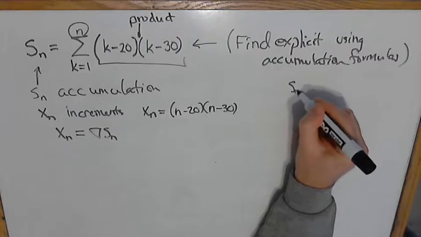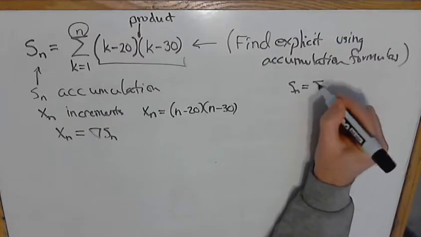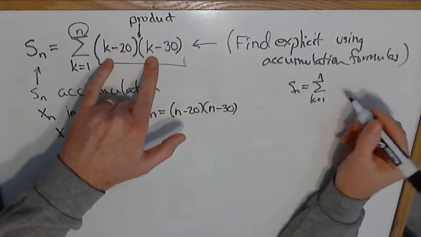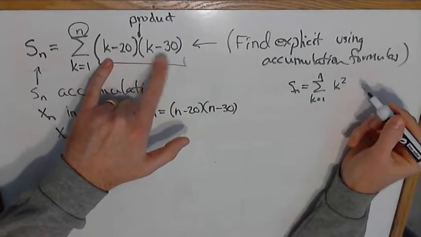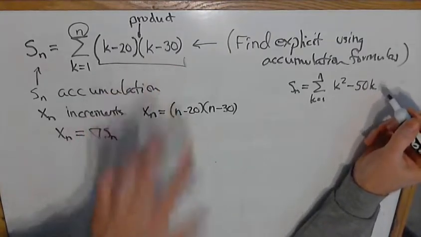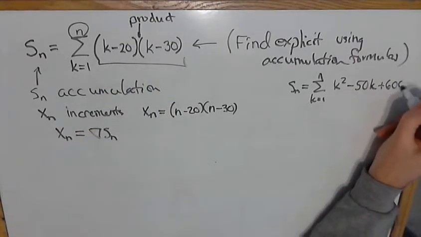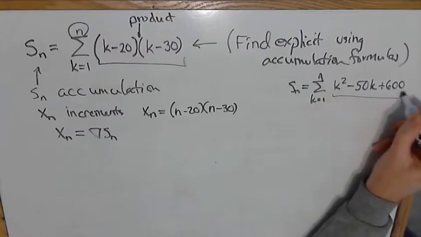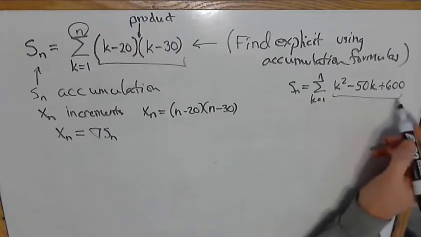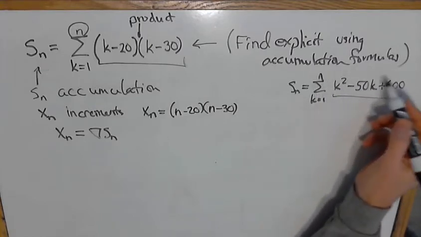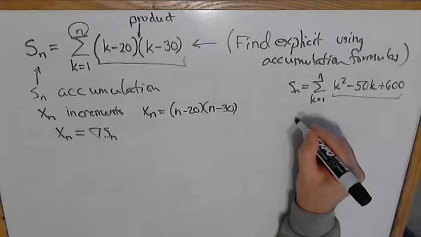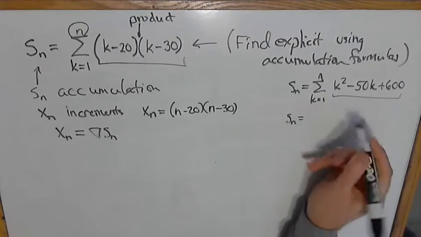I would write Sn happens to be equal to a sum. I would need to multiply this out, so k squared minus 30 minus 20 is minus 50k plus 600. Here's a different formula for my increments. This is already factored. I was trying to save time. This is the unfactored version, and this is a sum, and so I could split this up into three pieces.